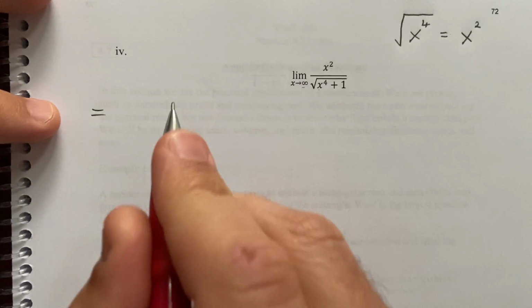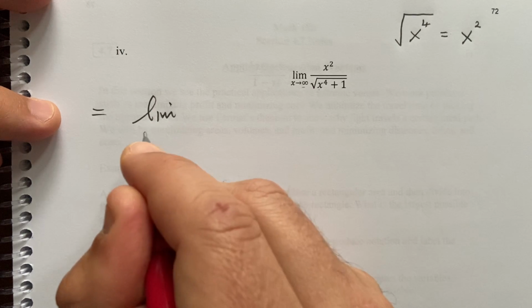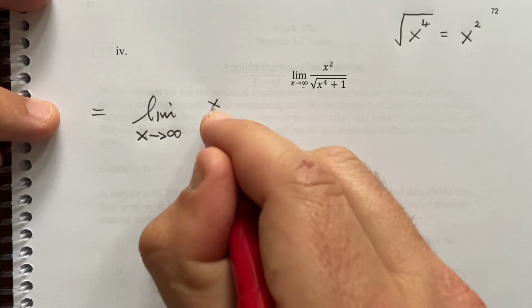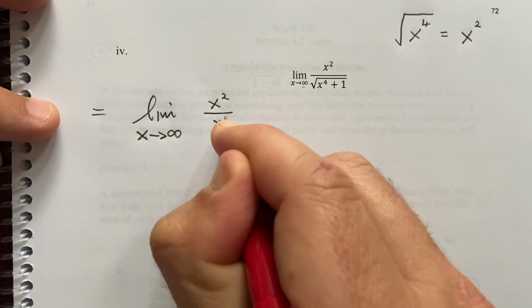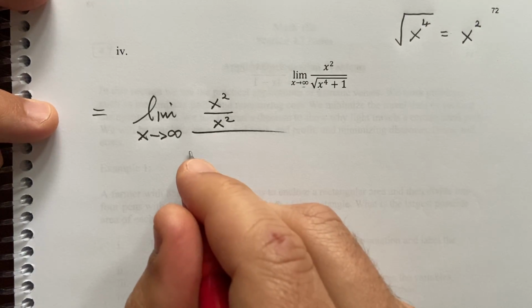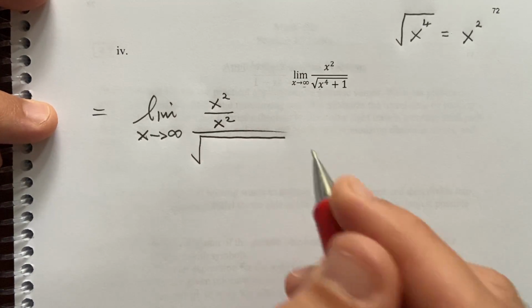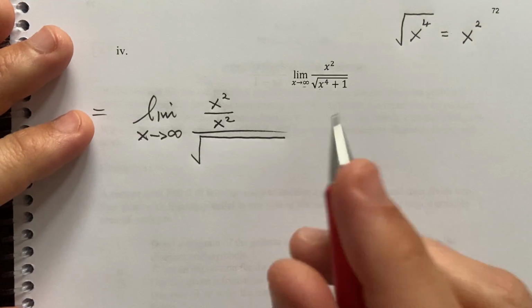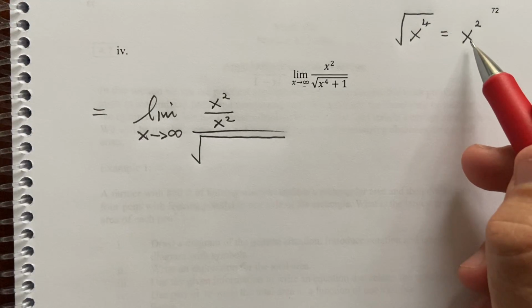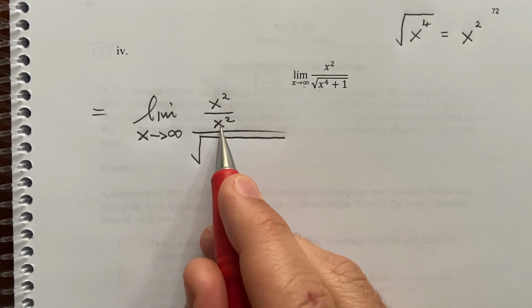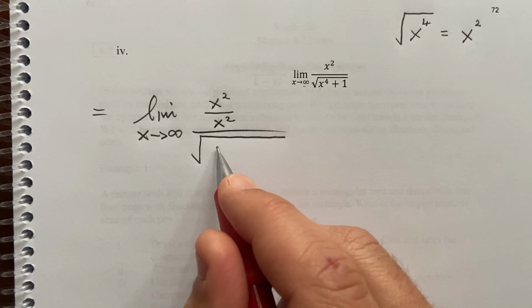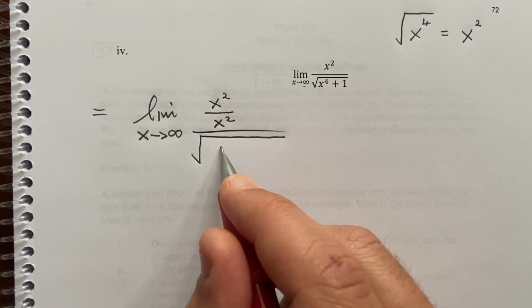Okay, so I'll have the limit as x approaches infinity of x squared over x squared over the square root of x squared. If I'm dividing by x squared outside of the root, that'll mean that I would need to divide by x to the 4th inside of the root. Right?